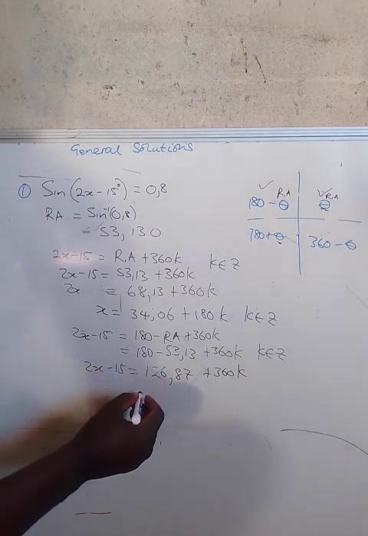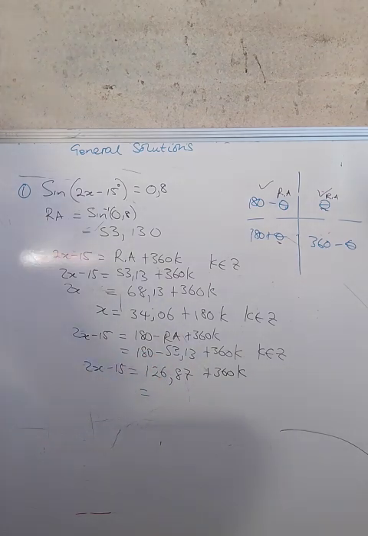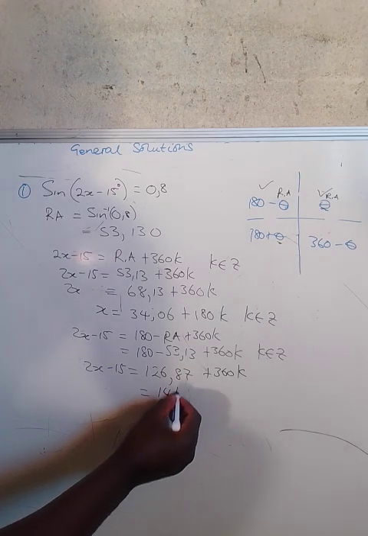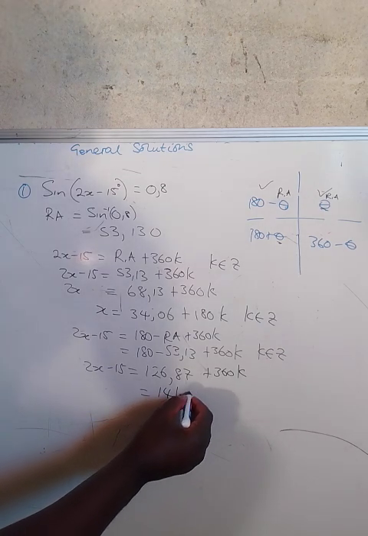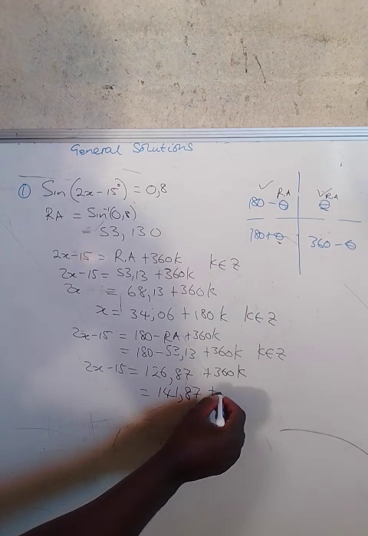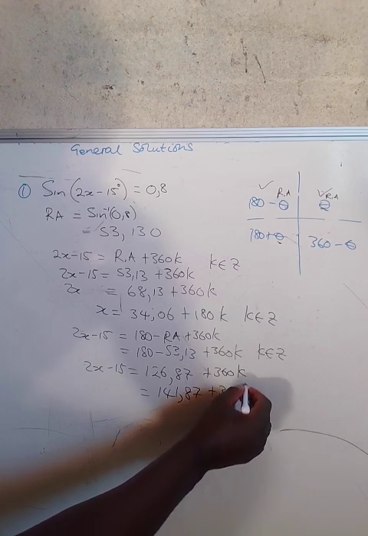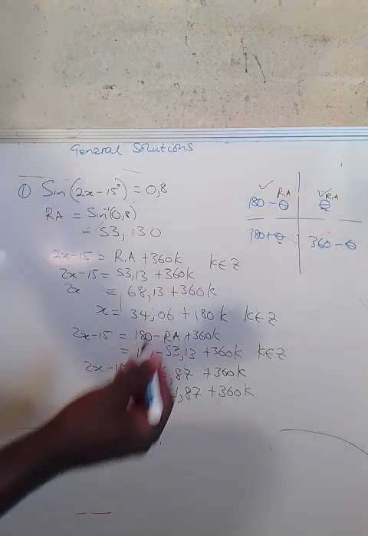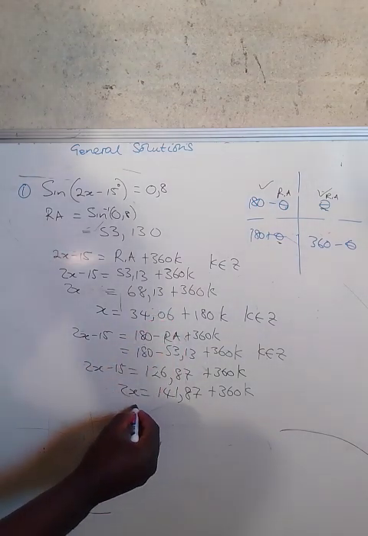Let's take minus 15 to that side. It's going to be positive. So we are going to have 141.87 plus 360k. Then we are left with 2x here. We divide by 2 on both sides.